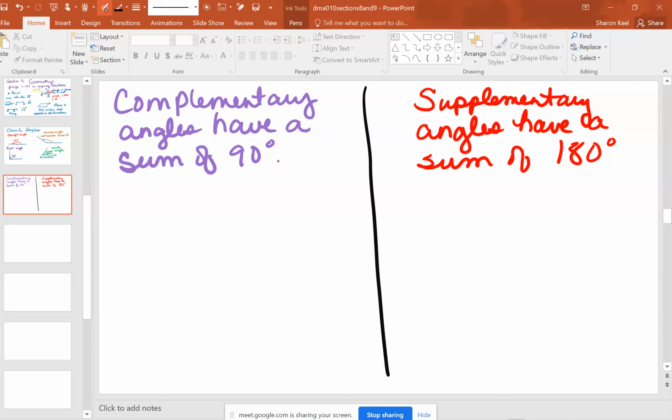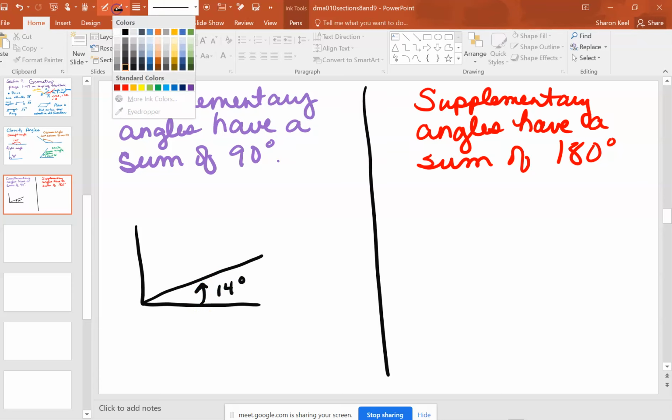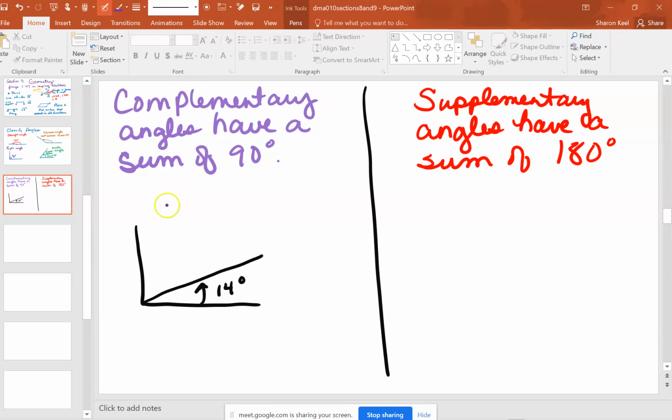So, for example, at the bottom of the page, it says, find the complement of a 14-degree angle. So if I have an angle and I tell you this measurement here is 14 degrees, I want to know, what is this measurement?